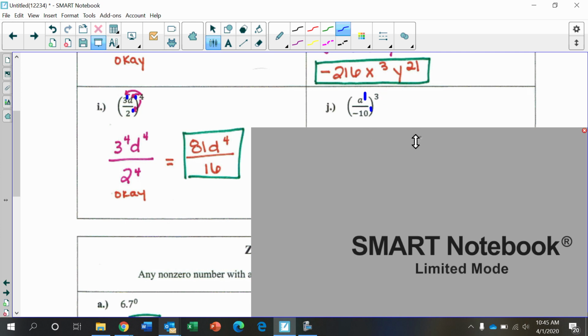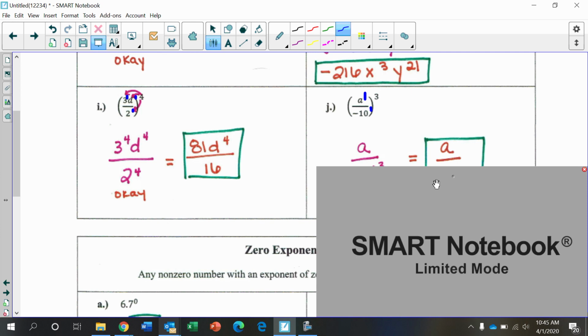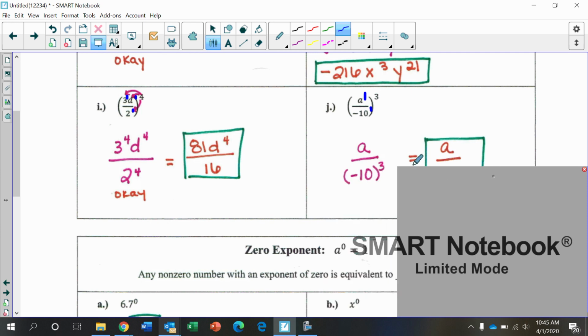Okay, so we get this. Oh, I forgot to put 3. Please just remember that's a 3 there. For this one right here, you have -10 times -10 times -10, which gives you -1,000.